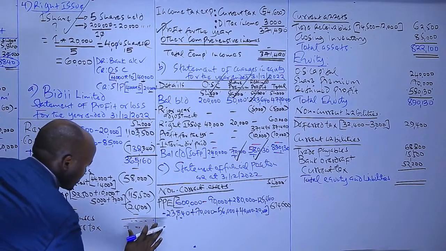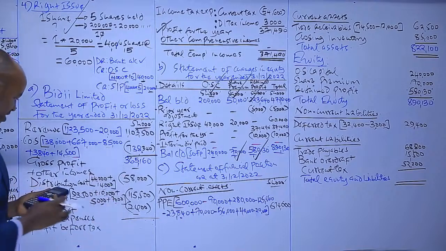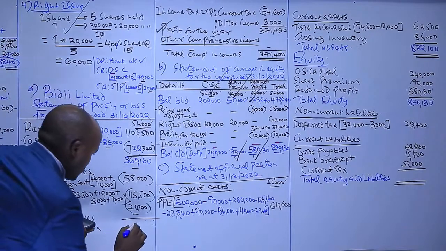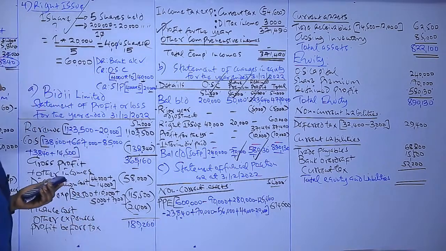So what else do we need to change? Our profit before tax. We take 365,160, minus now the three expenses, 58,000, minus 115,500, minus 2,400. So that will give us a figure of 189,260.